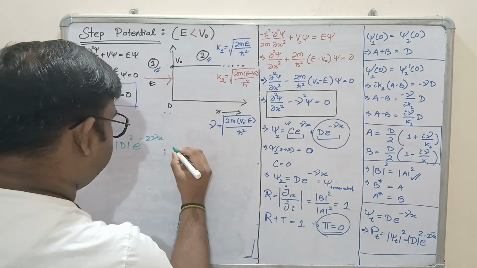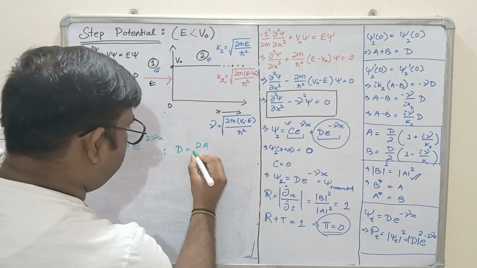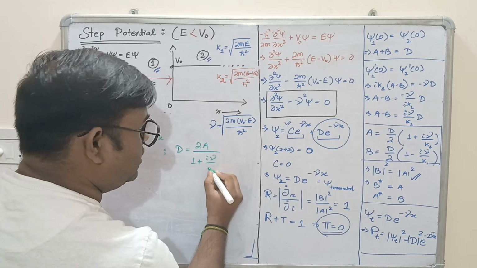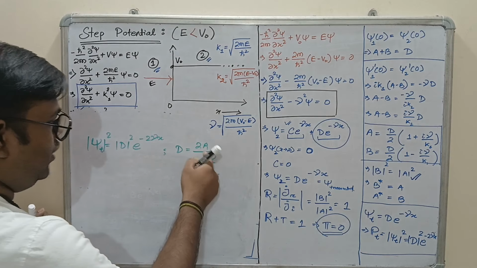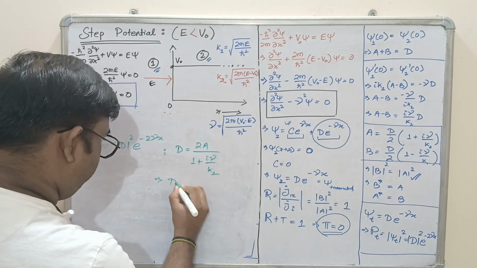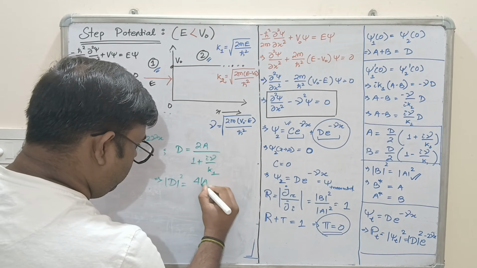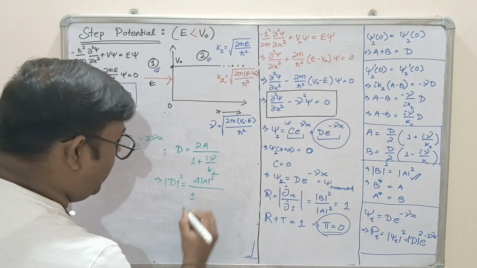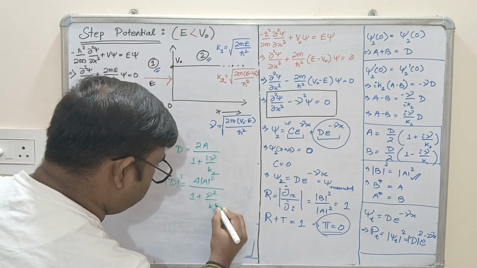This will give us D is equal to 2A divided by 1 plus i nu by k1. Now, if I try to calculate D mod square, this is coming out to be 4 A mod square divided by 1 plus nu square by k1 square.